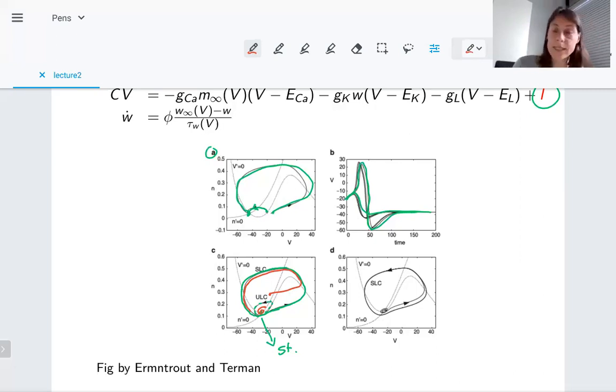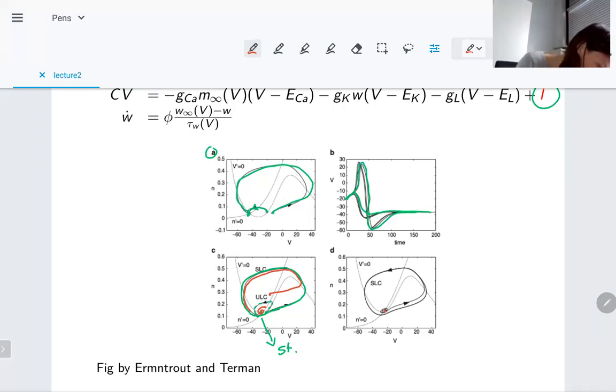If we keep increasing the applied current a little bit more, what happens is that now this unstable limit cycle has shrunk and collapsed at the equilibrium point. And at this moment, the equilibrium point has become, sorry, unstable.